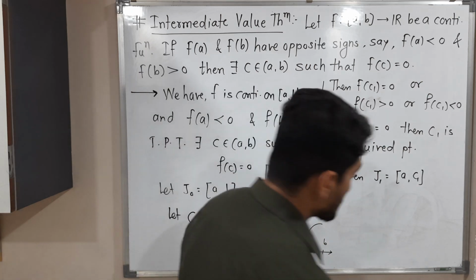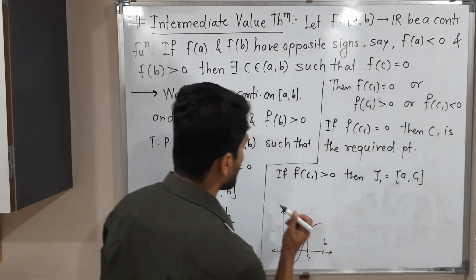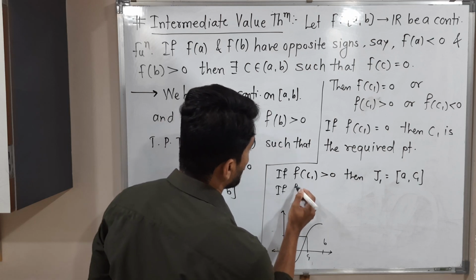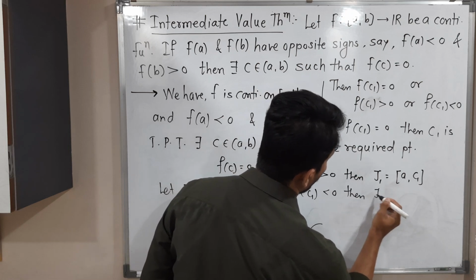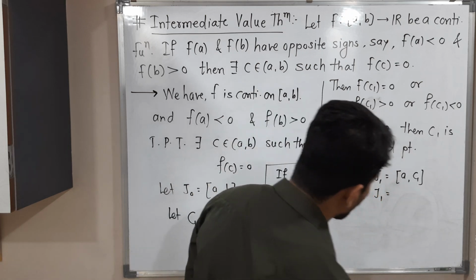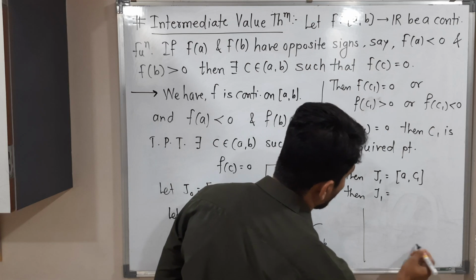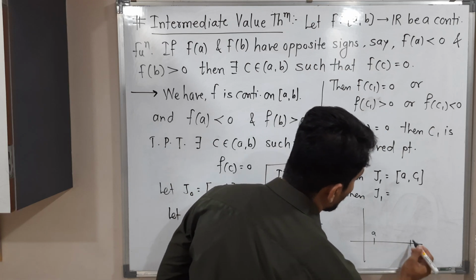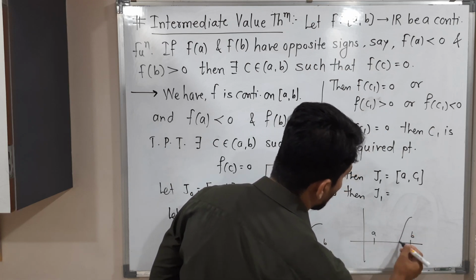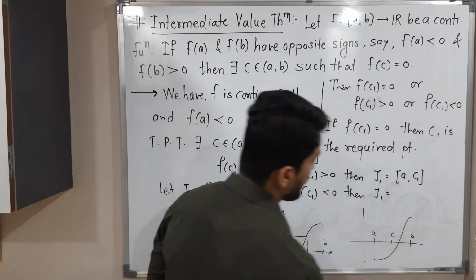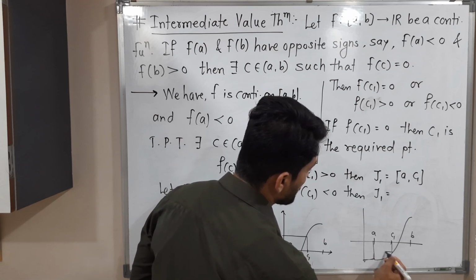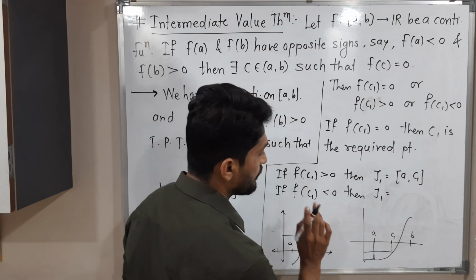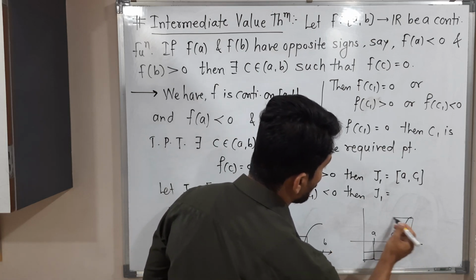Okay. Let us consider the last case also. If f of c1 is negative, then can you guess what will be my j1? Let me draw a very small and rough sketch to show what is happening. So the graph will be like this. You know c1 is a midpoint. Getting? But in this case f of a is negative, f of c1 is also negative, and f of b is positive.